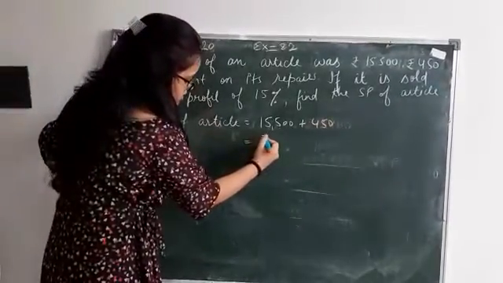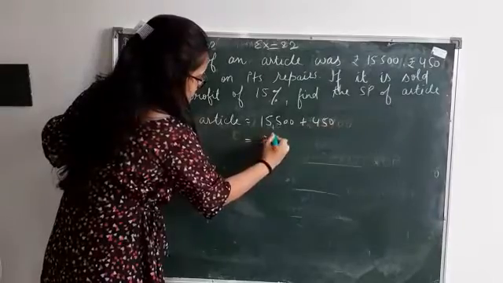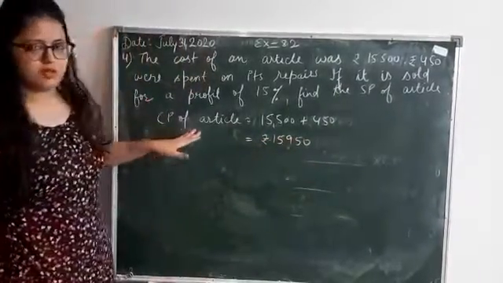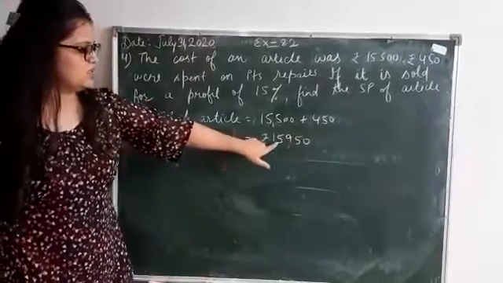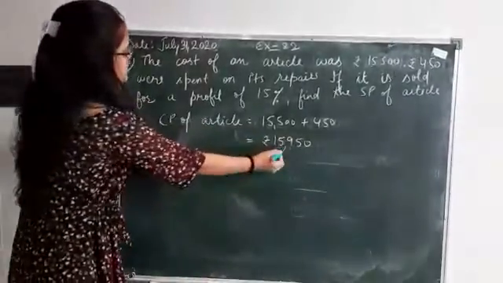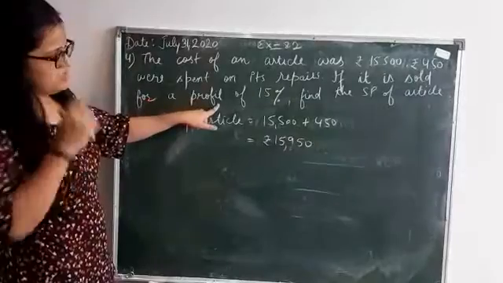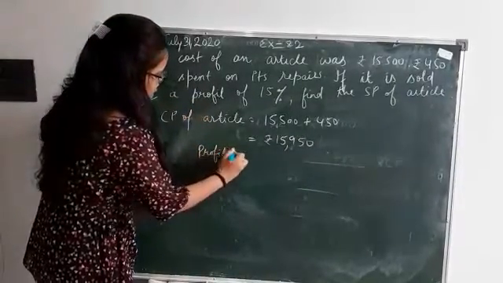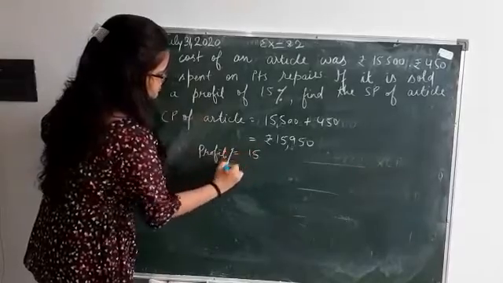So this will become, after addition, rupees 15,950. The cost price of article is 15,950 rupees now. 15% profit is getting, means profit percent is given here. This is 15%.